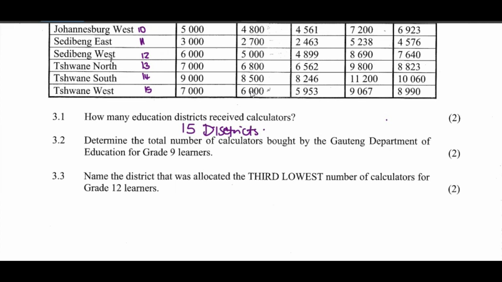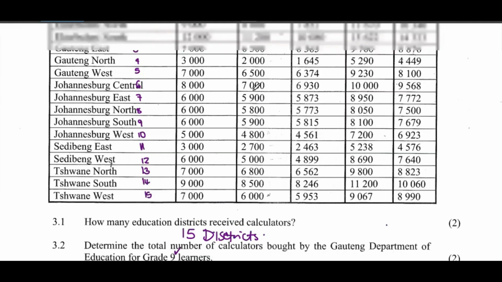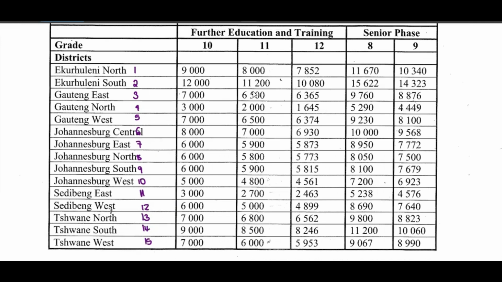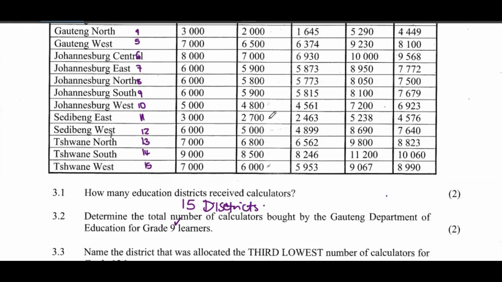All right. Determine the total number of calculators bought by Gauteng Department of Education for grade 9. Number 1, we shall come here, look for Gauteng. We shall know, okay, Johannesburg is in Gauteng, but they said Gauteng Department of Education for grade 9.